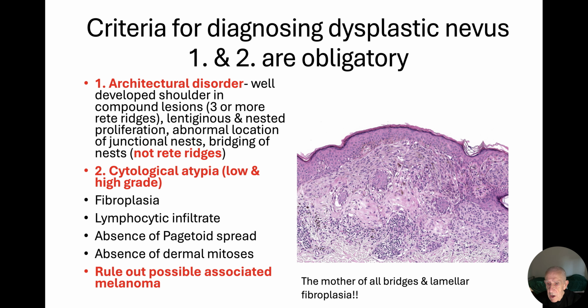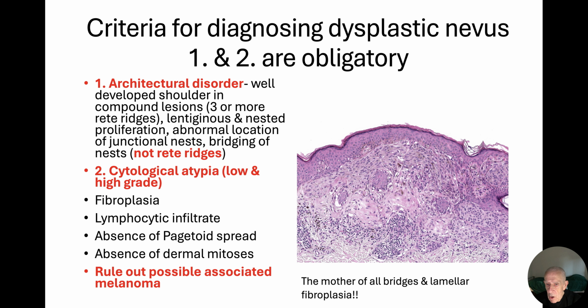If they're compound, the junctional component extends beyond 3 rete ridges from the dermal component, and the junctional nests are abnormally distributed.